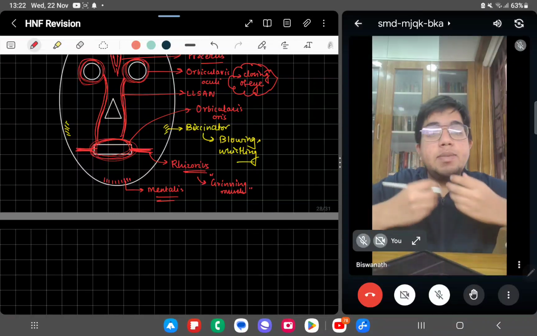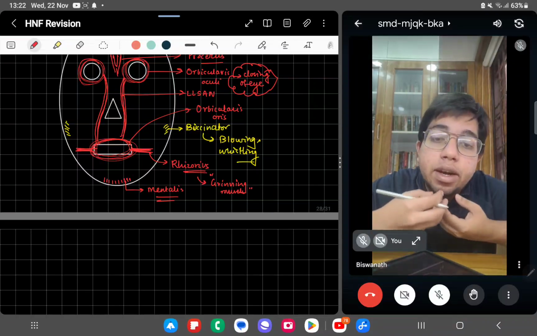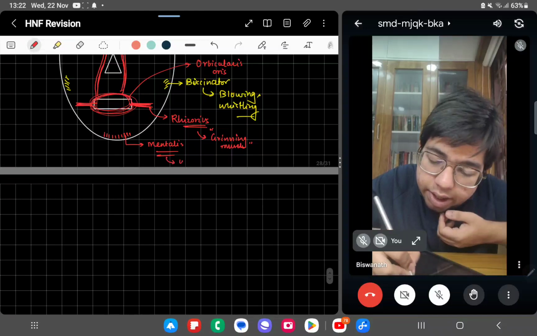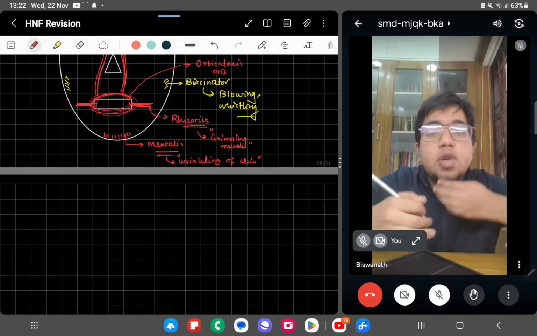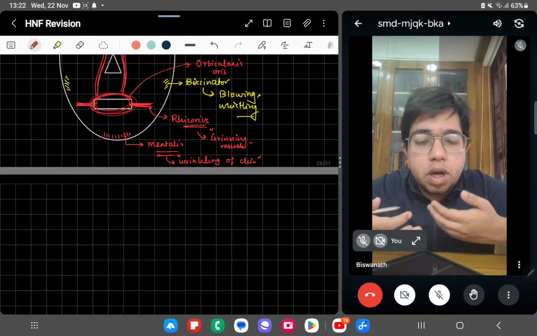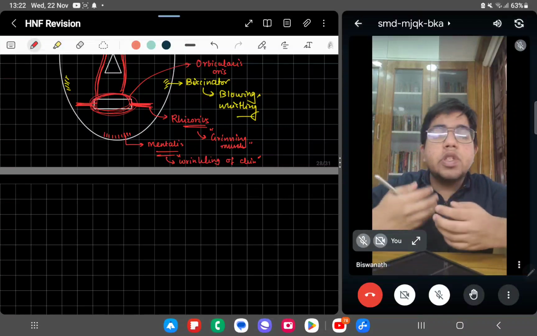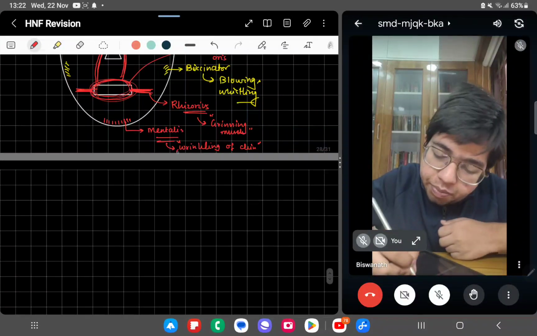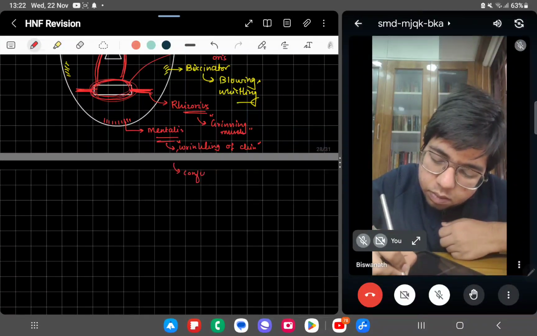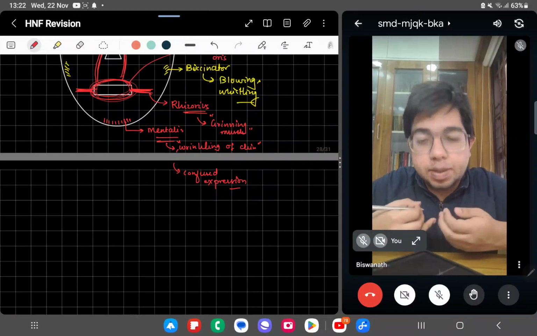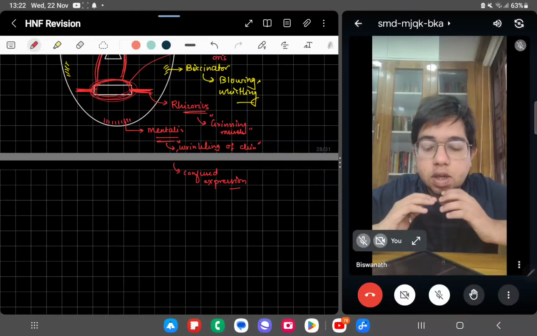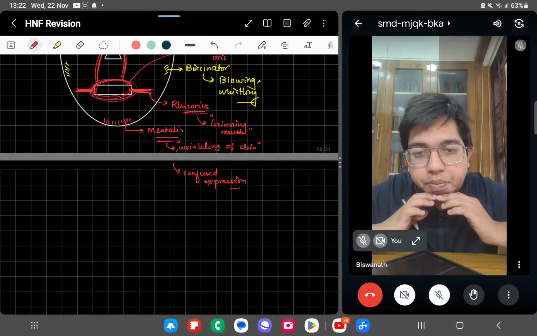This mentalis muscle is causing wrinkling of the chin, so as to produce a confused expression.